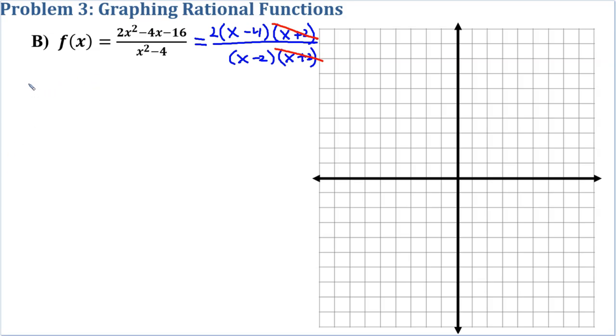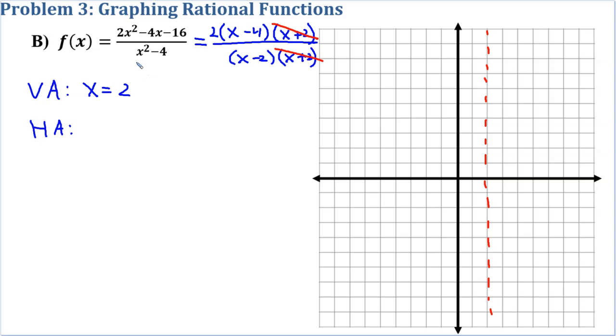Okay, so moving on then, vertical asymptotes, VA. We said that was the zeros of the denominator that aren't also zeros in the numerator. So in this case, we just have one at x equals 2. All right, horizontal asymptotes, HA.